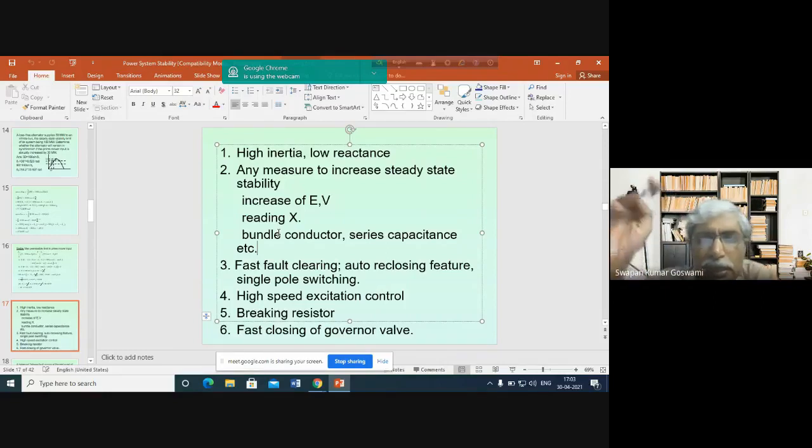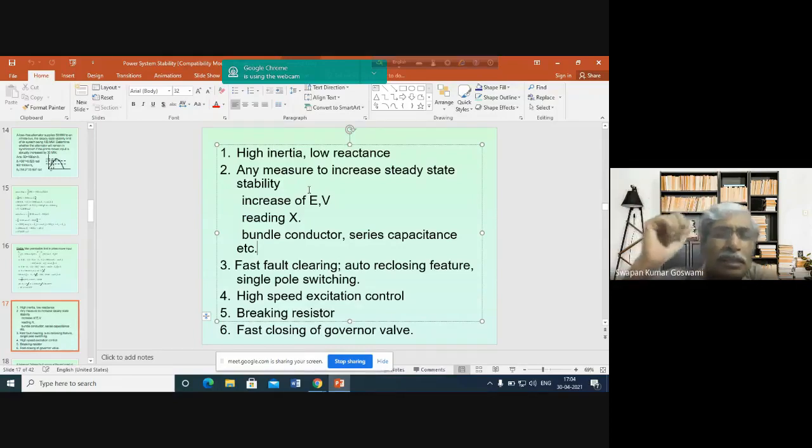The problem is that when you are at end A, before the series capacitor, the total reactance from the generation to the input of the capacitor is inductive reactance. But if you cross the capacitor, then it is the inductance of the line plus the capacitance. Drastically, the reactance value will decrease.